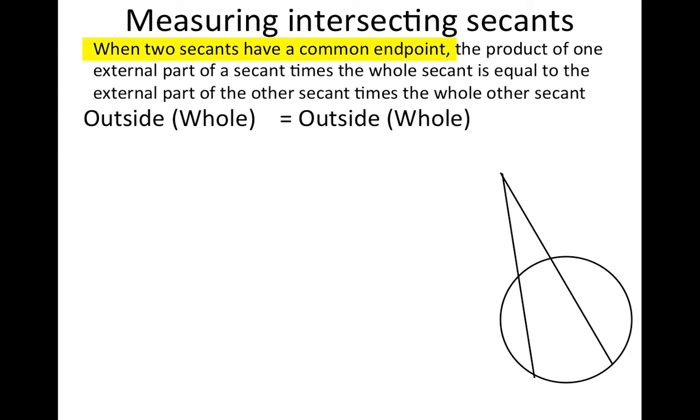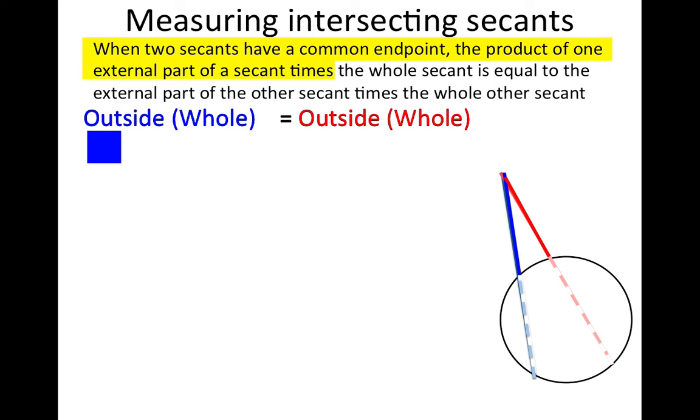What does that mean? If I have 2 secants with a common endpoint, I'll make this one blue, and this one red, and again we'll make this bright blue and this dotted blue, this dark red and this dotted red.